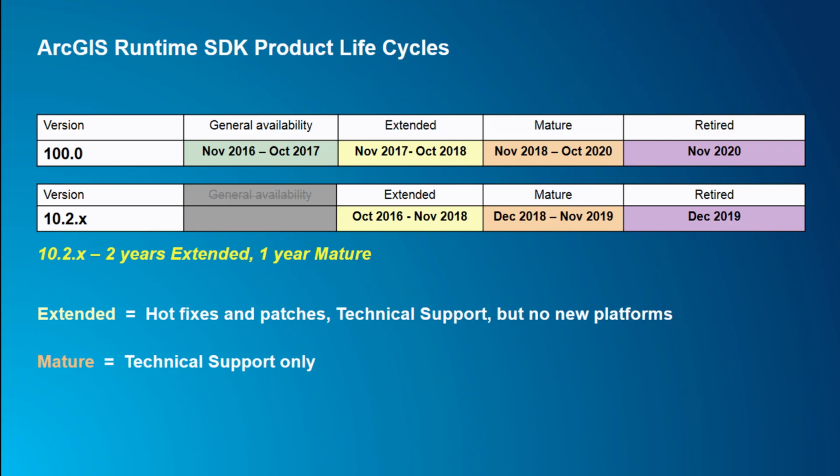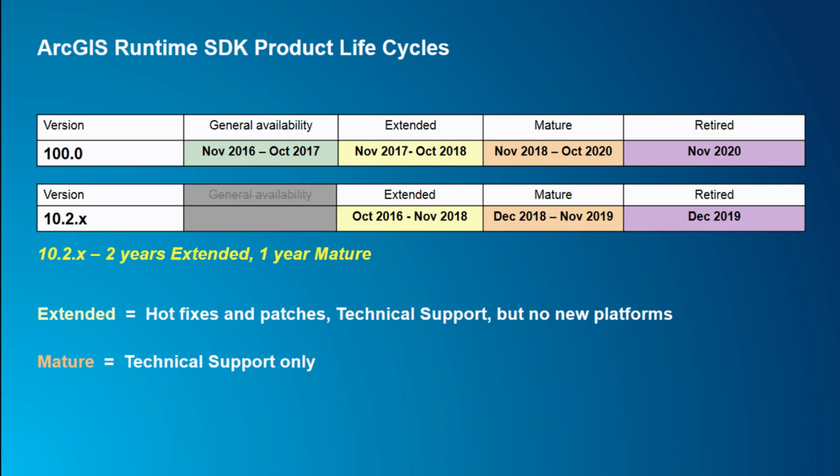That general availability will go through October 2017. Then it'll go into extended support all the way through October 2018, and then mature for a 2-year period, and before it's retired in 2020. So 100 and all the updates that go along with 100 will follow that life cycle through that period of time.